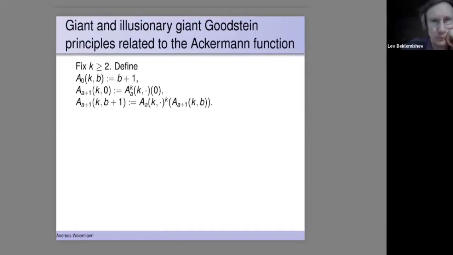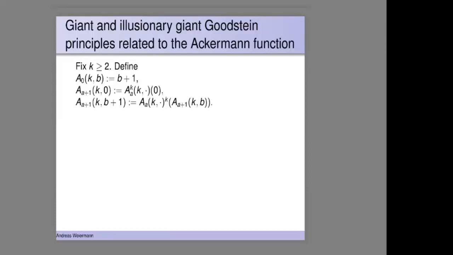And now I'm considering what is A index a plus 1 of k of argument b plus 1. For this, I use a subsidiary recursion.